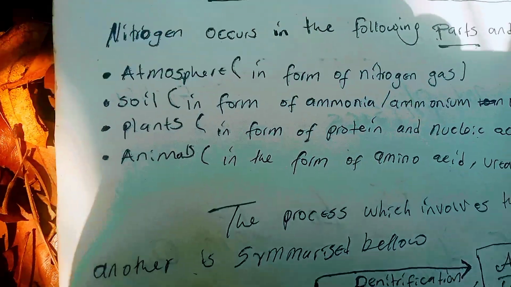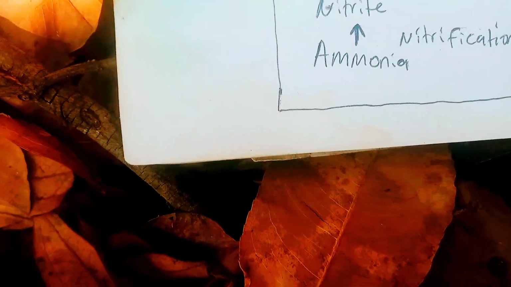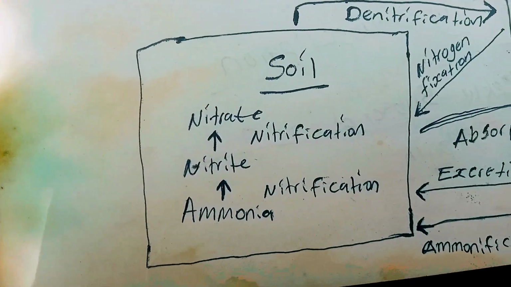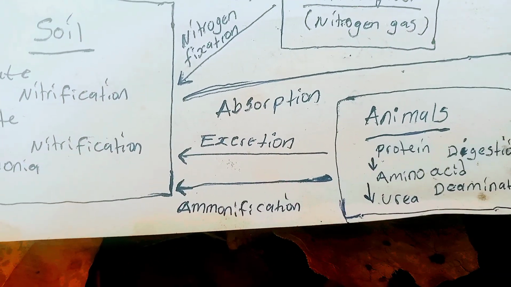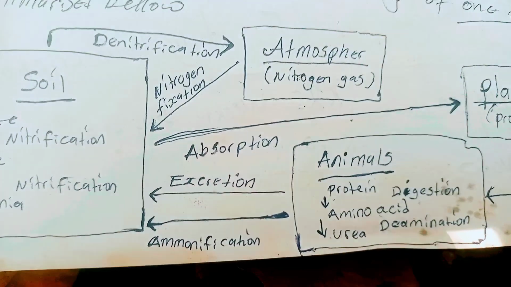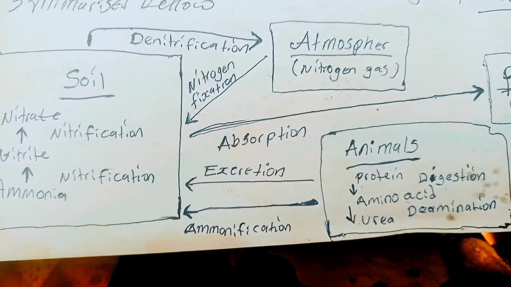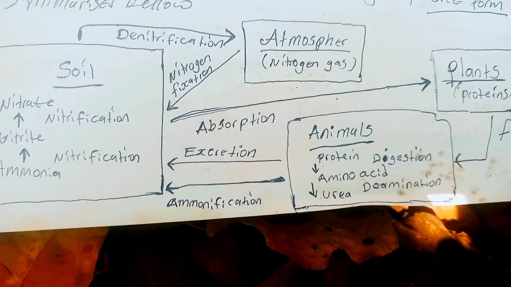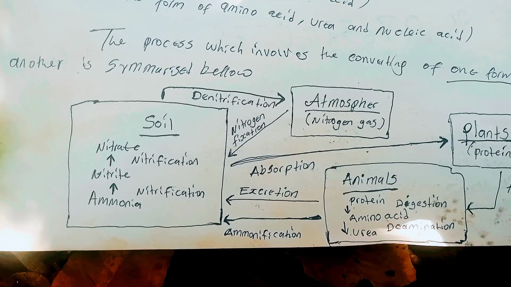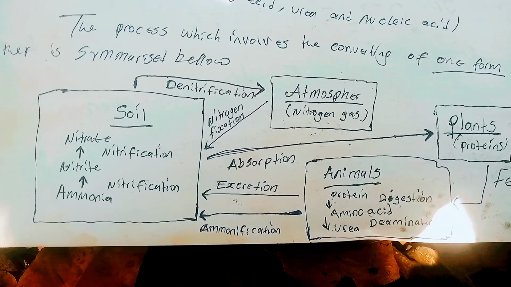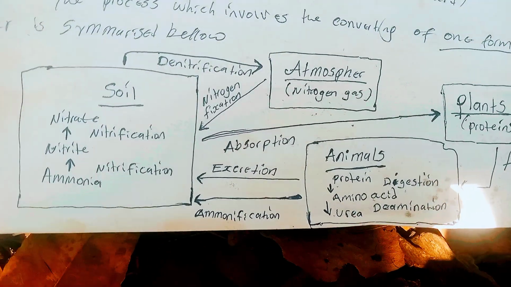We also remain with the process we call denitrification. But first of all, I'll look at ammonification. Ammonification depends on the decomposition of things in the soil, or plants which contain protein.